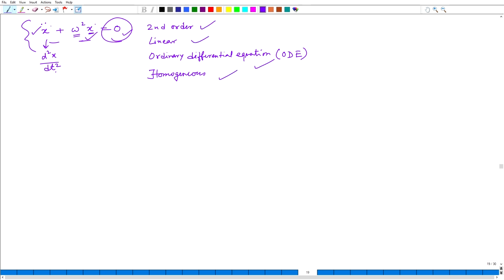Now, what happens if I change this equation a little bit and say x double dot plus omega square x is equal to a constant. Will it be a homogeneous equation or an inhomogeneous equation?